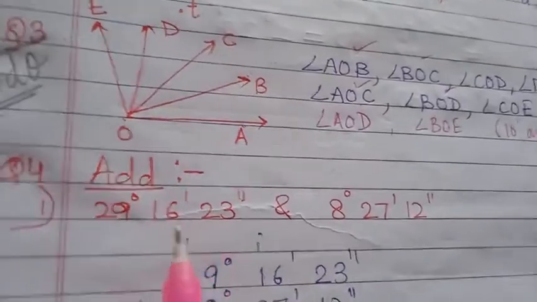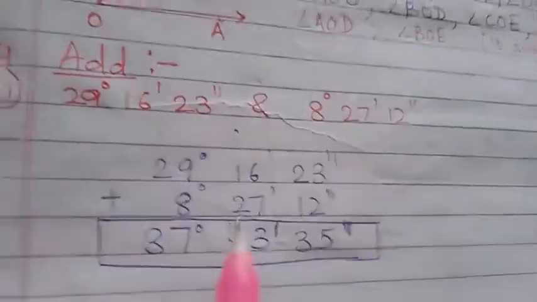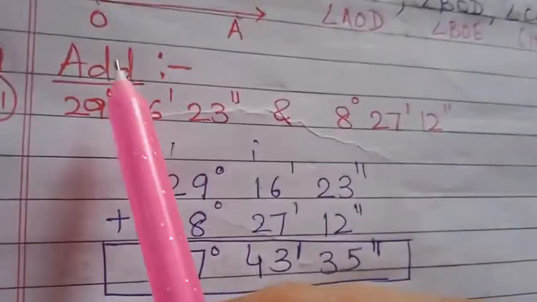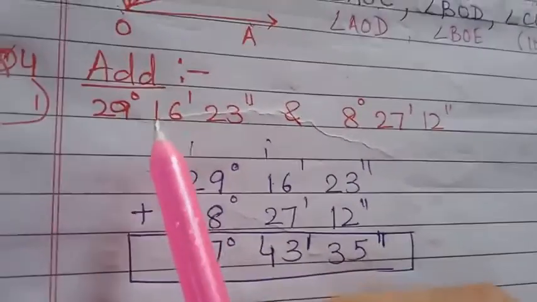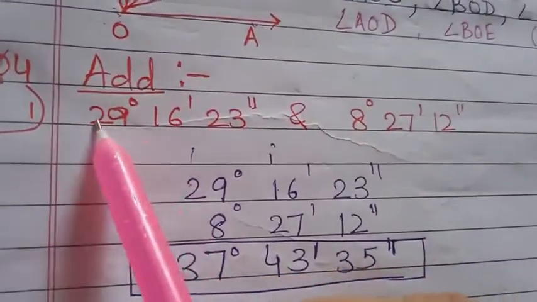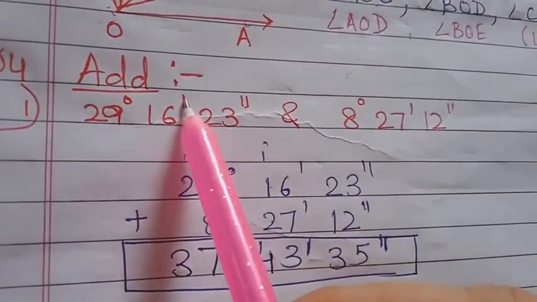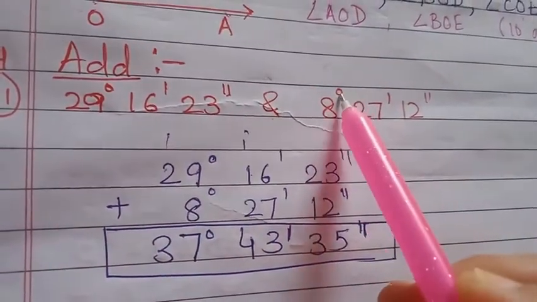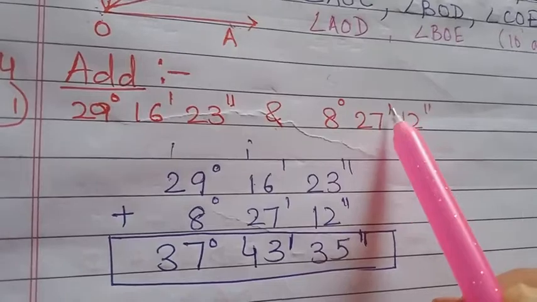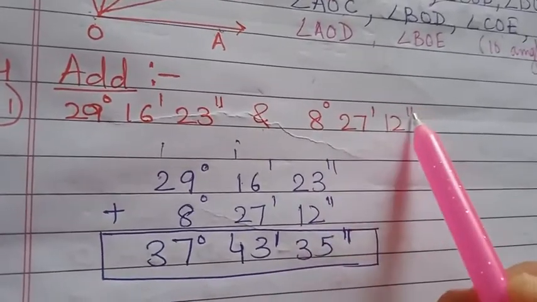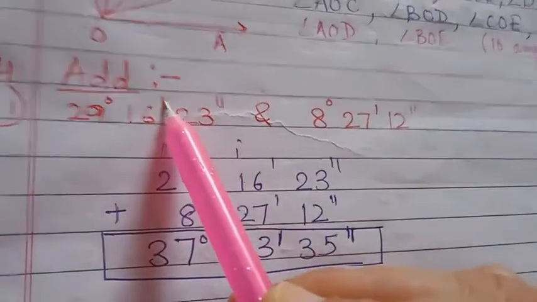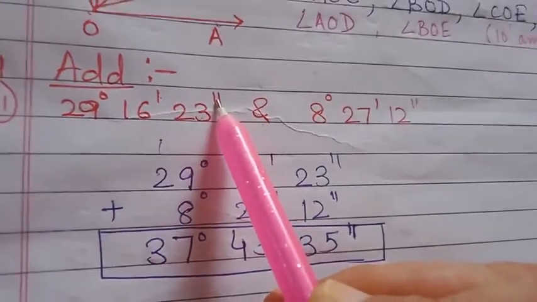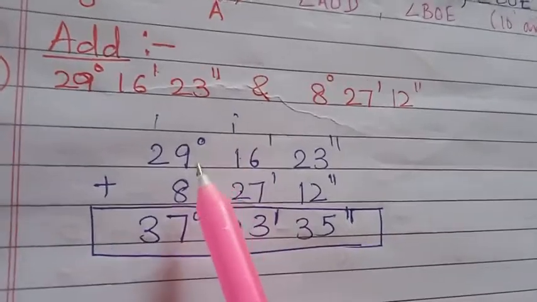Question number 4, add 29 degree. Now let us see what the question is and how it has to be solved. Add 29 degrees 16 minutes 23 seconds and 8 degrees 27 minutes and 12 seconds. So arrange it properly.